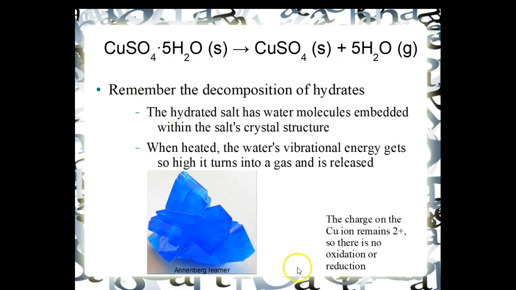The charge on the copper ion, which started off as 2+ here, remains 2+ in the anhydrate. So no oxidation or reduction is occurring, and hydrate decomposition, whether it's copper hydrate or cobalt or magnesium sulfate, is not a problem. It's always a simple decomposition.